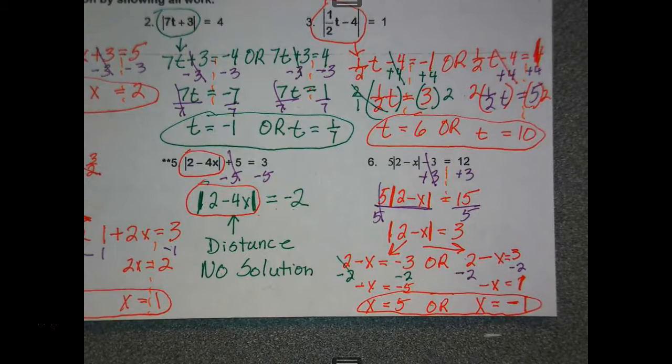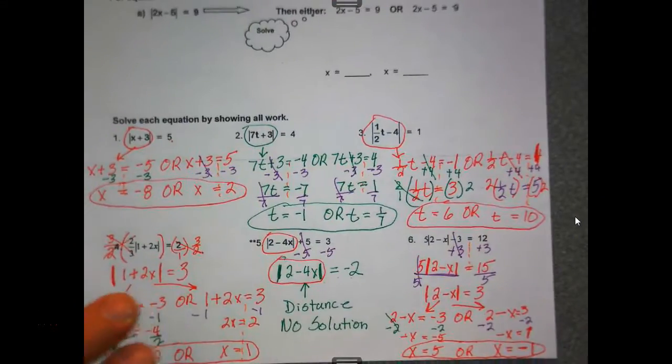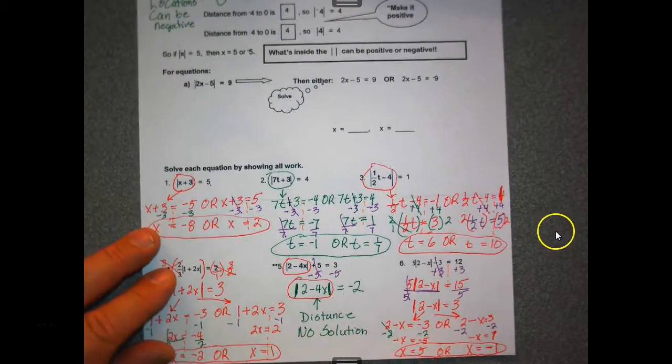So I gave you a lot of examples. Everybody should get this down packed because inequalities, believe it or not, are trickier. That's what we're going to do tomorrow. Part 2 is a little bit trickier.